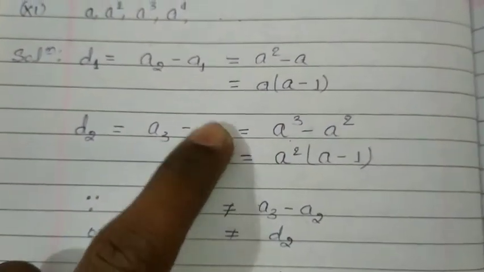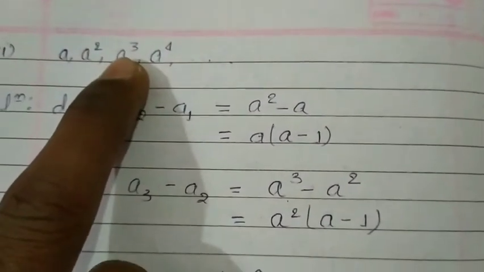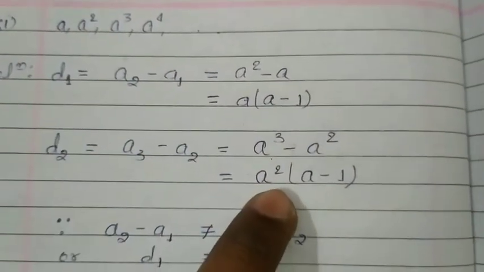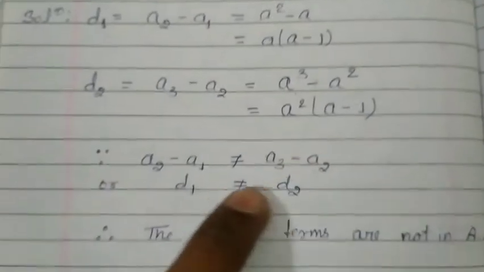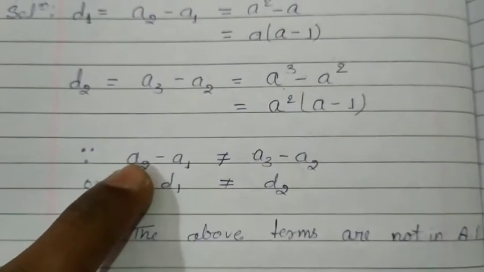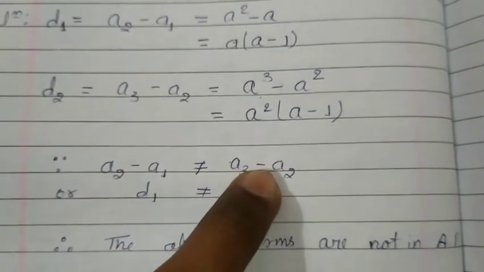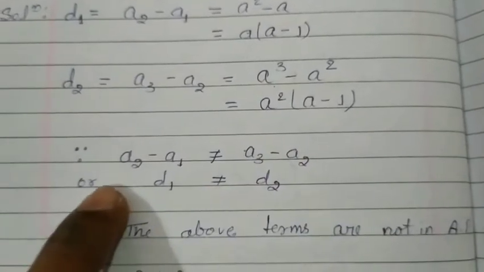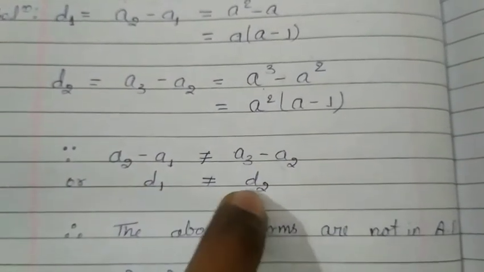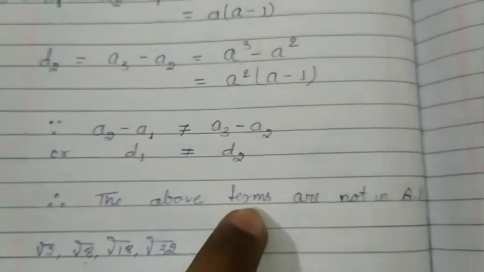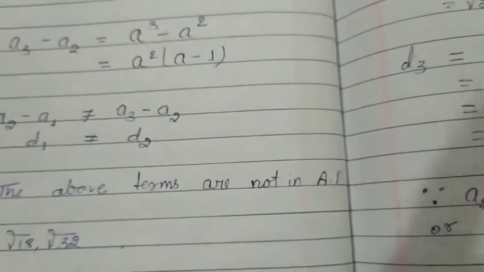And D2 is A3 minus A2, that is A to the power 3, A cube, minus A square. So here it is A square under bracket A minus 1. So since A2 minus A1 is not equal to A3 minus A2, or you can say D1 is not equal to D2, therefore the above terms are not in AP.